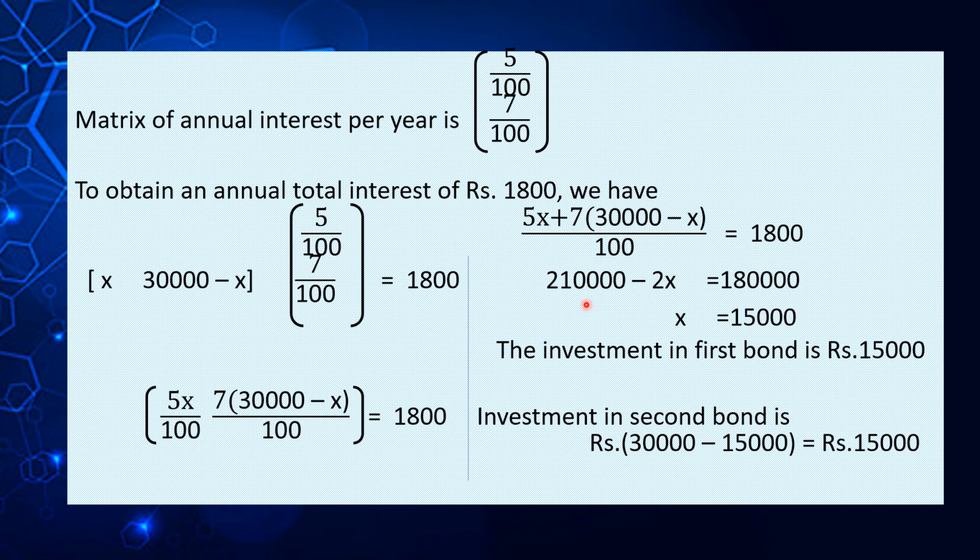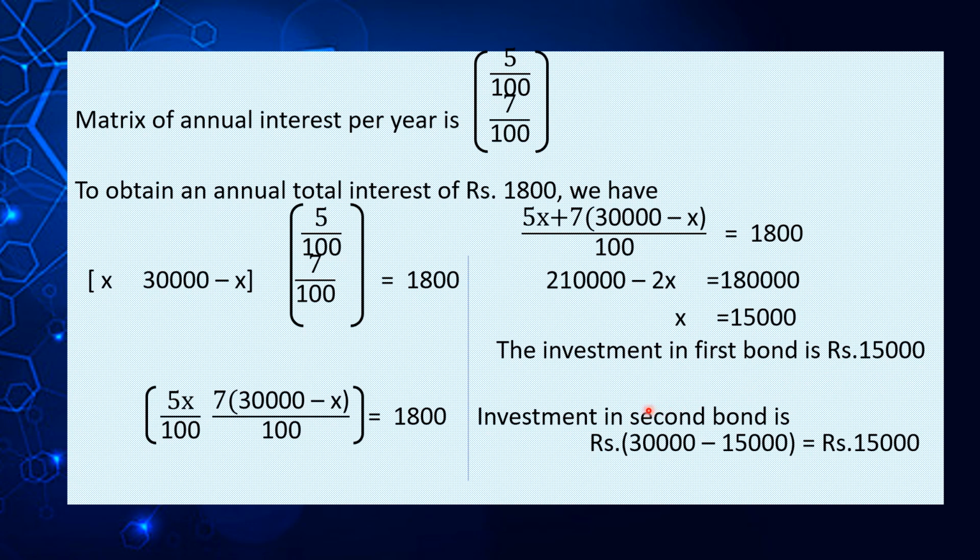Now subtract 1,80,000 from 2,10,000, we get 30,000, negative 30,000. And to find x, divide 30,000 by 2, we get 15,000. So the investment of first bond is 15,000.